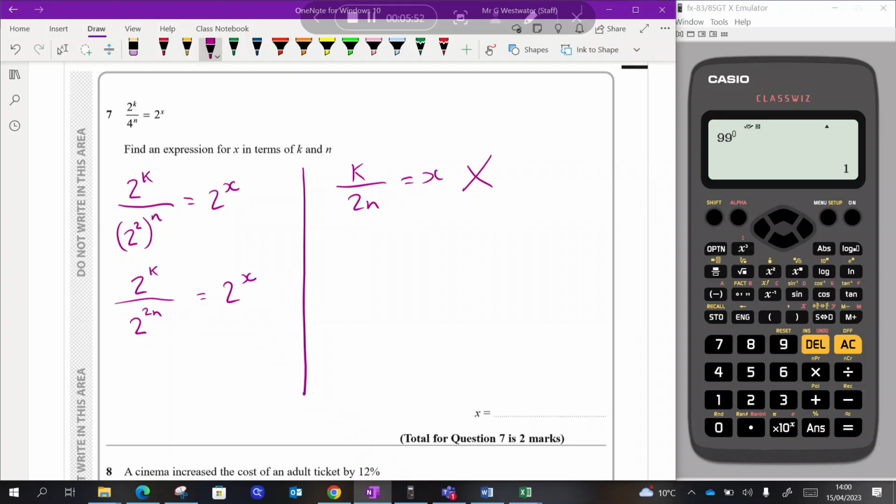When we're dividing things, so if it was 2 to the 7 divided by 2 cubed, we would subtract these. This would be 2 to the 4. So what I actually need to do here is say this is 2 to the k minus 2n equals 2 to the x. And now I've just got 2 to the power of something equals 2 to the power of something. I can say that k minus 2n equals x. That's going to be my answer.